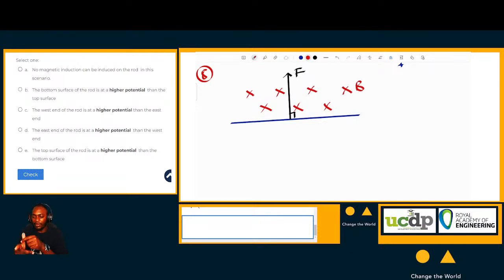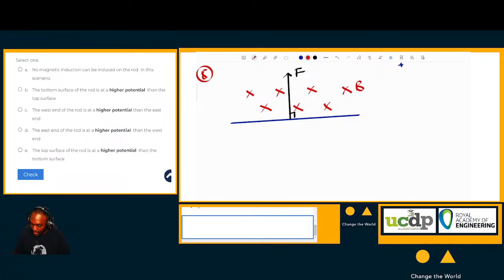Then the thumb is representing the direction of the force, which is pointing northward in the upward direction. In this setup, if you use Fleming's right-hand rule, you establish that the induced current will flow towards the left.